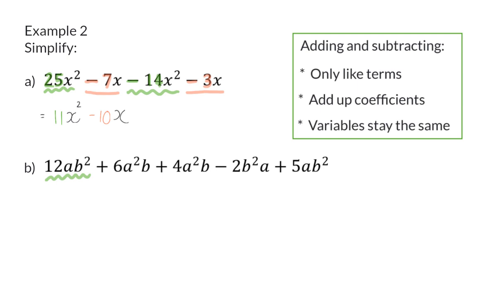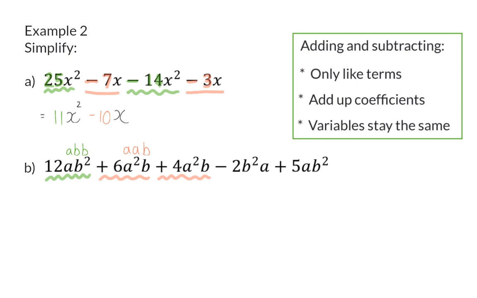In the first term, we have a times b squared, which is b times b. And in the second term, we have a squared, which is a times b. The third term is now a like term of the second term because both of them have a squared b.